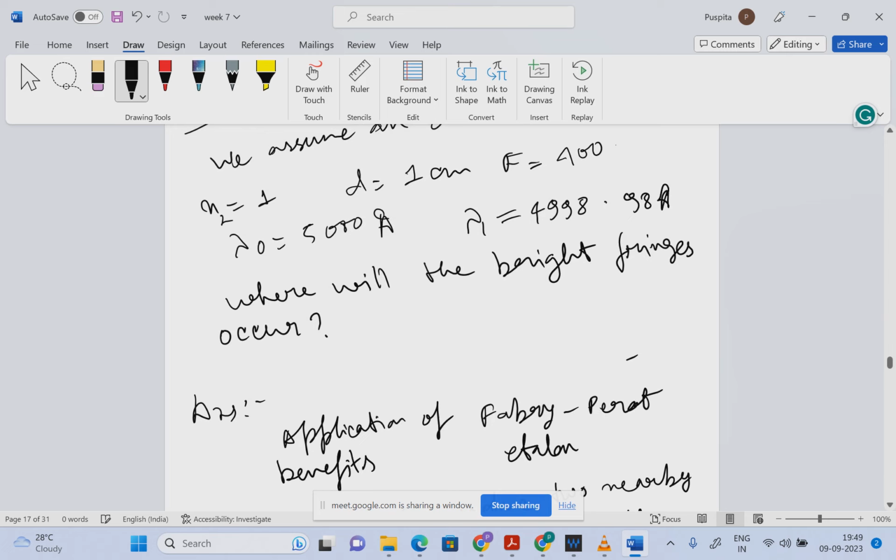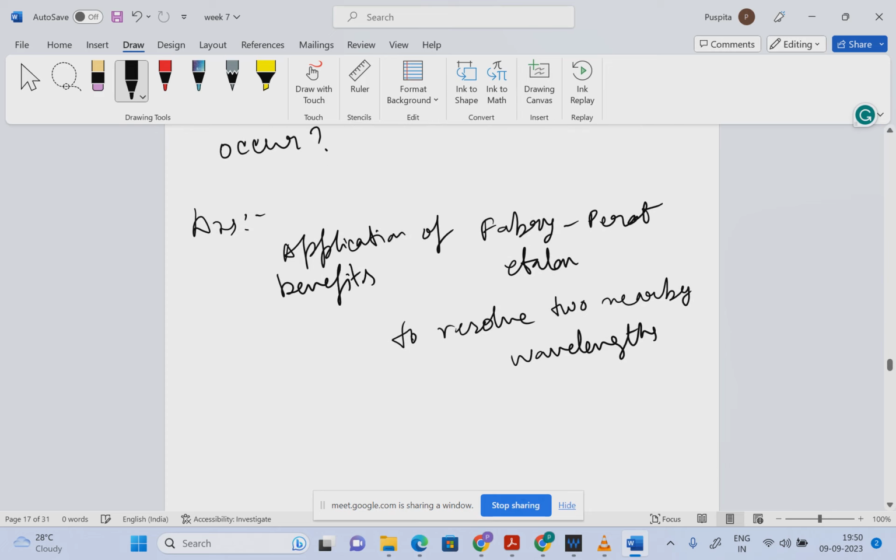Here we can see that it can resolve 5,000 angstrom and 4,998.98 angstrom.